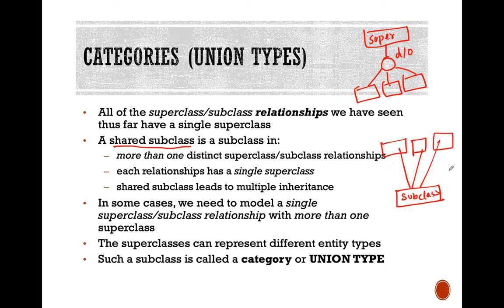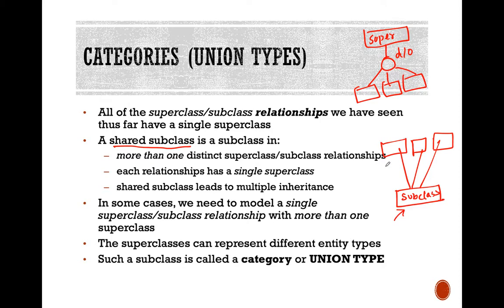The original ER diagram will look different, but here it is going to be a shared subclass. A shared subclass means there is more than one distinct superclass or subclass relationship. Each relationship will have a single superclass, but the subclass will be shared between all those superclasses.